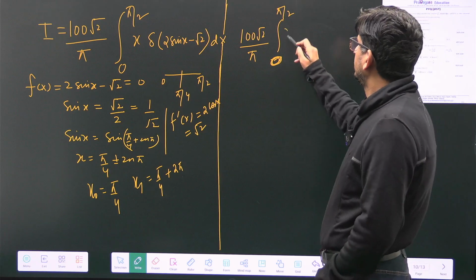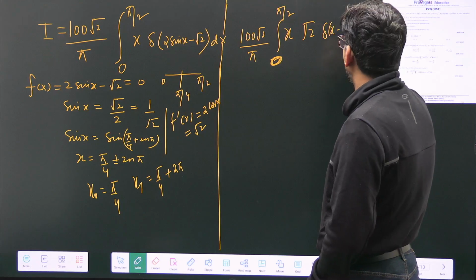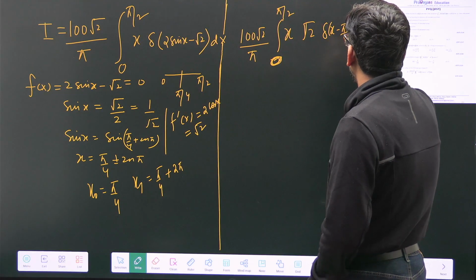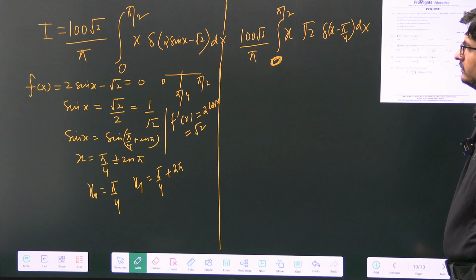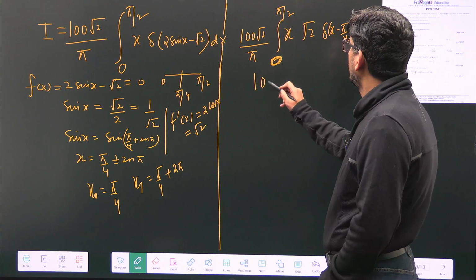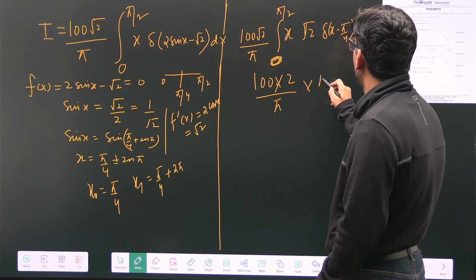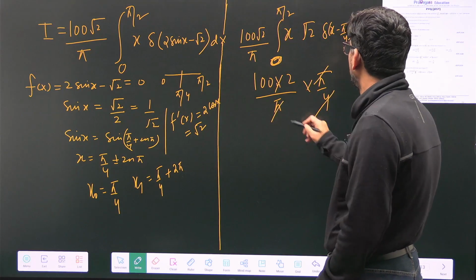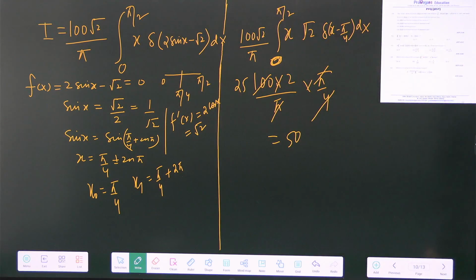So it will be x into root 2 delta function of x minus pi by 4, and dx. So what will it become? 100 root 2 into 2, 2 by pi into pi by 4, pi cancels, 4 25, which is 50. Okay? Is everyone getting it?